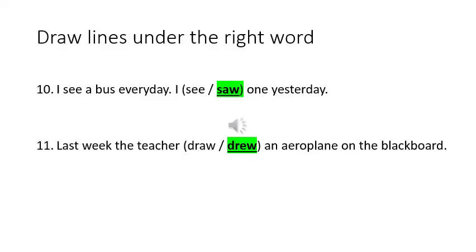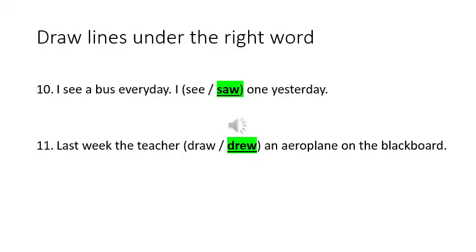Last week the teacher dashed an aeroplane on the blackboard. Now here two options are given, draw and drew. Now again, this sentence is talking about past tense. So draw is used for present tense and drew is used for past tense.